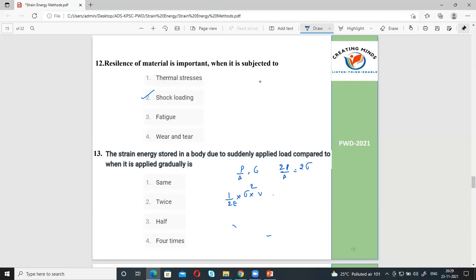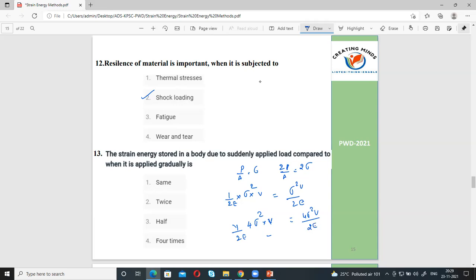So for gradual, you are getting sigma square V by 2E. For sudden, you are getting 2 sigma square, which will become 4 sigma square into V by 2E.